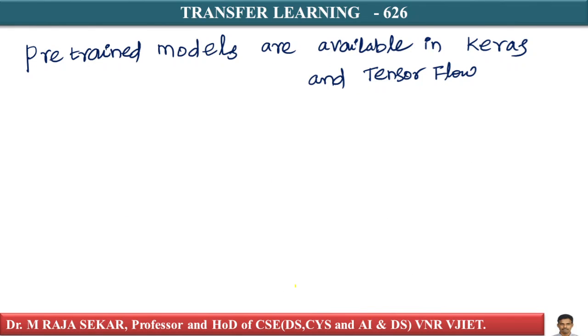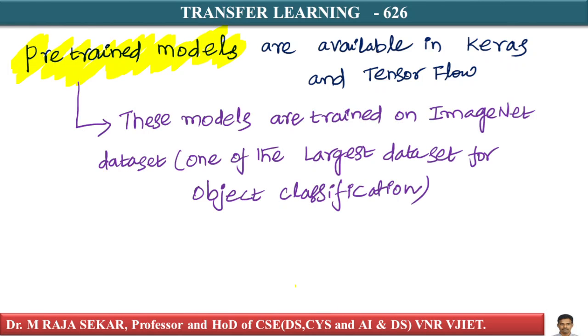These pre-trained models are available in both Keras and TensorFlow. These models are trained on the ImageNet dataset, which is one of the largest datasets for object classification. Here you are trying to achieve an object classification task.